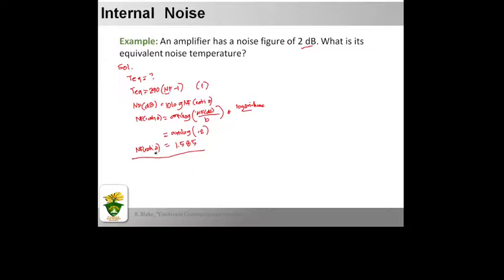Now let us substitute this noise figure ratio into equation 1. So T equivalent is equal to 290 Kelvin times 1.585 minus 1. Our T equivalent, or the equivalent noise temperature, is equal to 169.6 Kelvin. So that is our equivalent noise temperature given a 2 decibel noise figure.